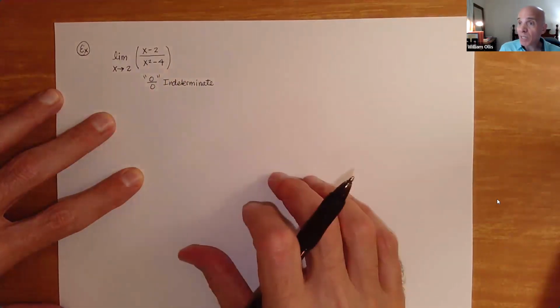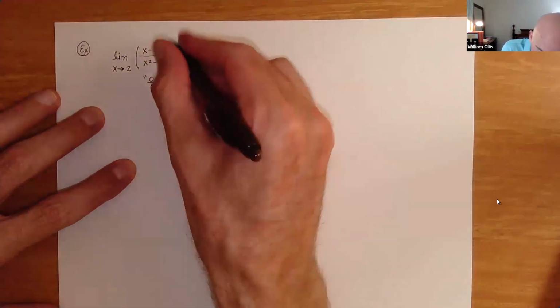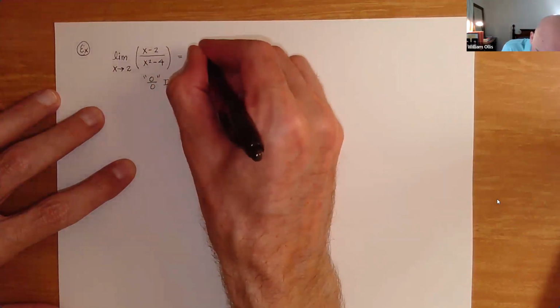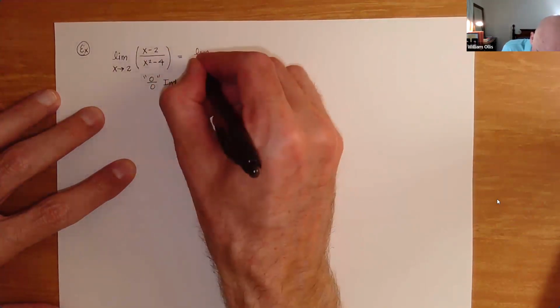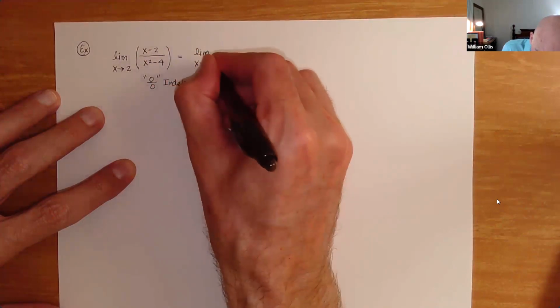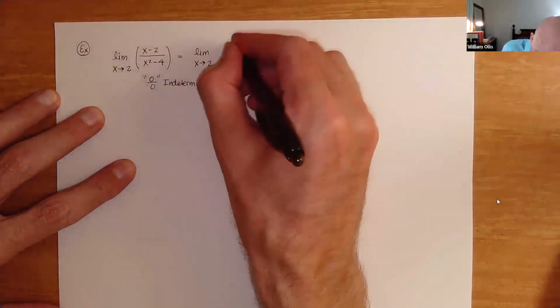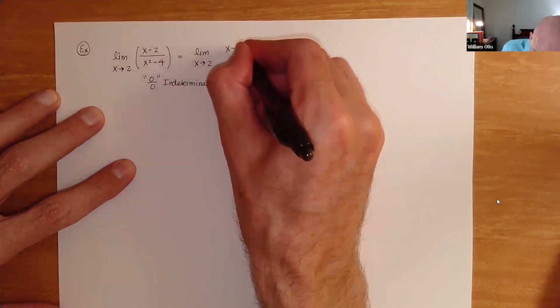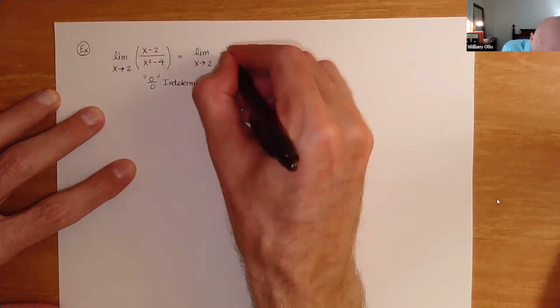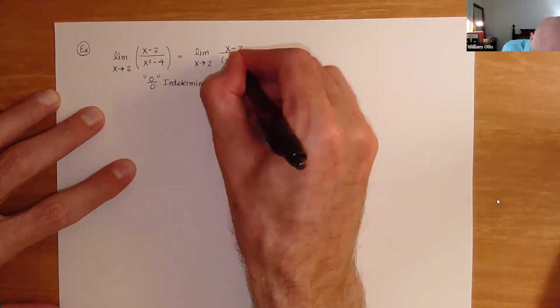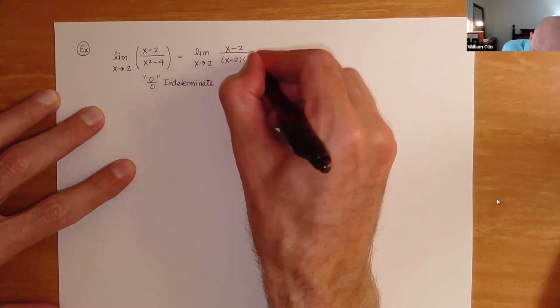You've become really good at that. So what would we do? We would do a replacement function. We'd say the limit as x approaches 2 of x minus 2, and then of course factoring the denominator, x minus 2 times x plus 2.